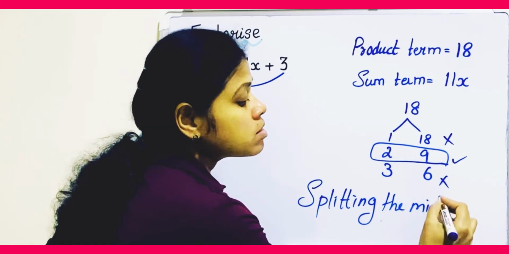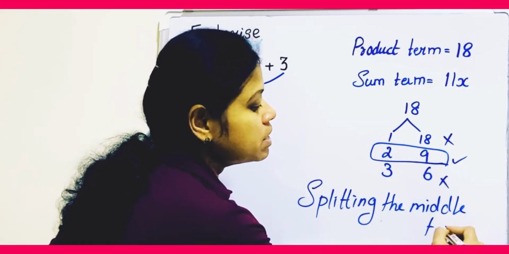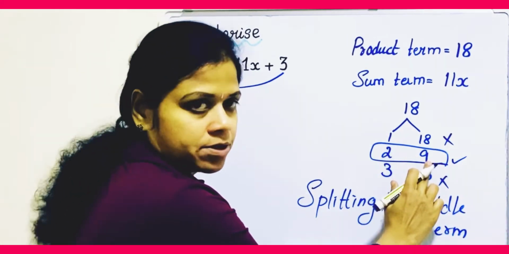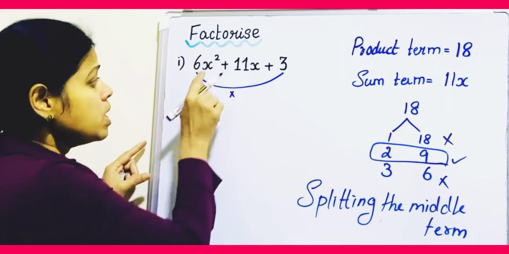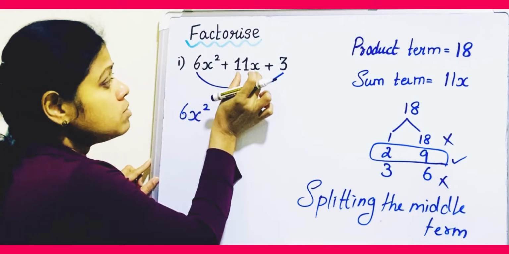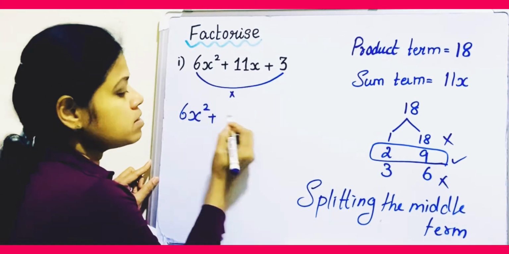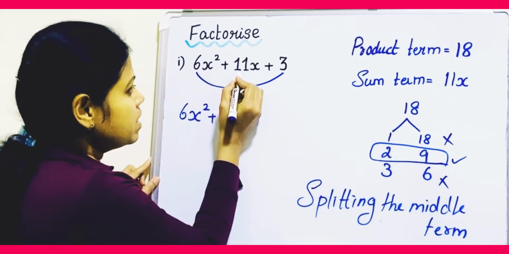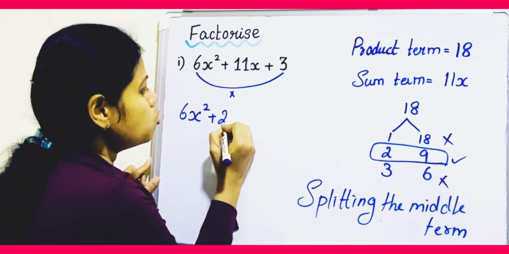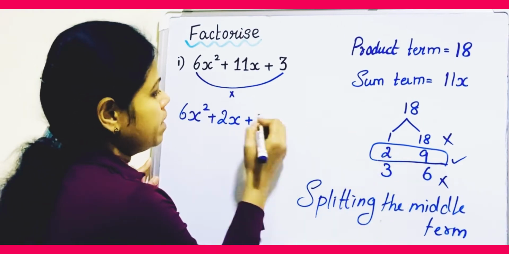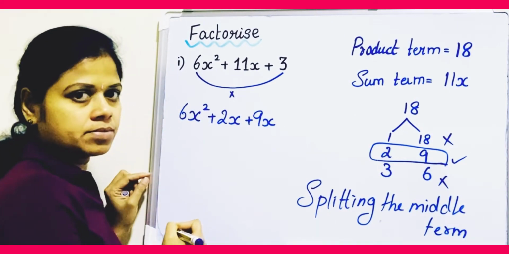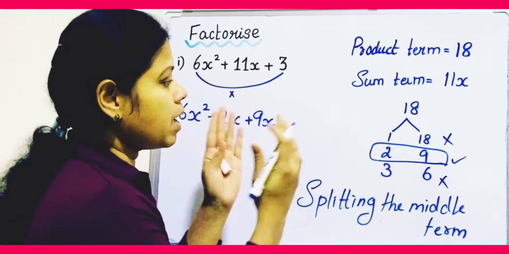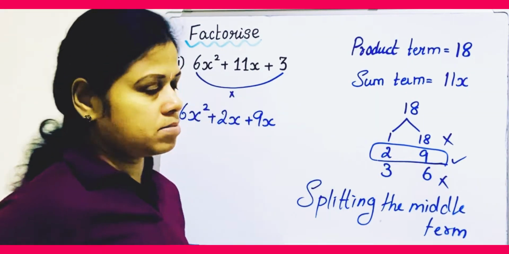So let's split the middle term. Here the middle term is 11x. You are going to split it with the help of these factors. So here 6x square, then instead of writing 11x, write using these factors, 2 and 9. So let's write 11x as 2x plus 9x.